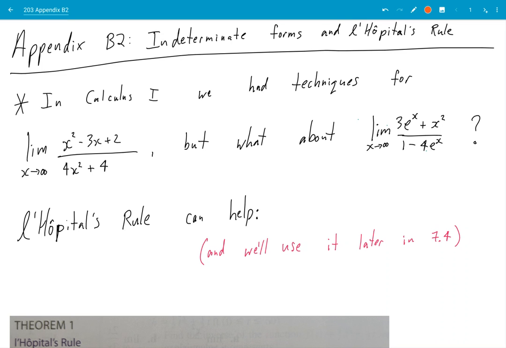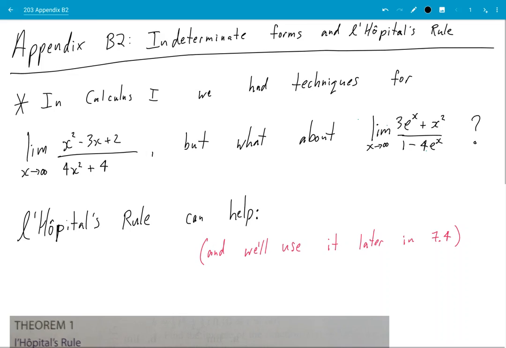Technically possible to say that this and this are dominant and to go from there, but L'Hopital's rule is going to give us a perhaps more systematic way to deal with limits like this, and they will appear, maybe not quite so messy, but certainly with the e to the x, they're going to appear in 7.4 when we do certain types of integrals.